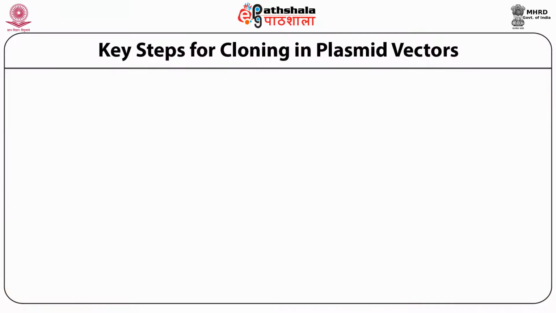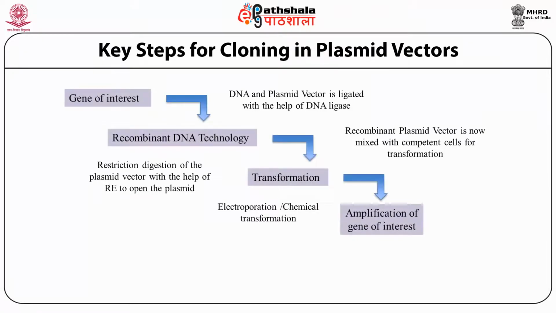Key steps for cloning in plasmid vectors. First, we need the foreign DNA or gene of interest, then a cloning vector. The gene of interest can be ligated into the cloning vector when the cloning vector and the gene of interest are digested with the same restriction enzyme.